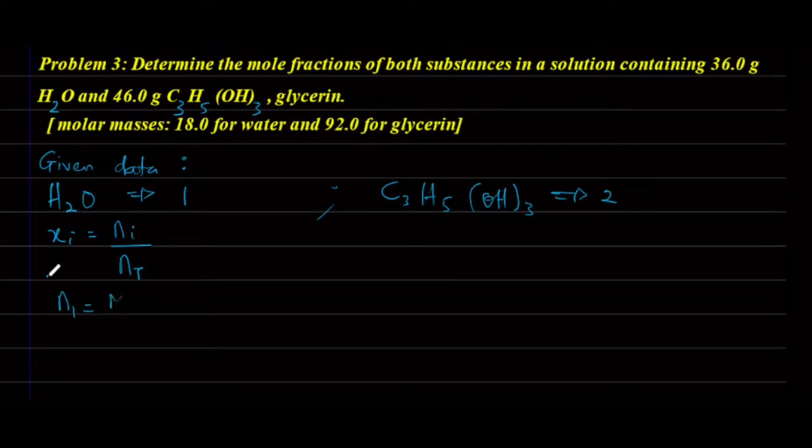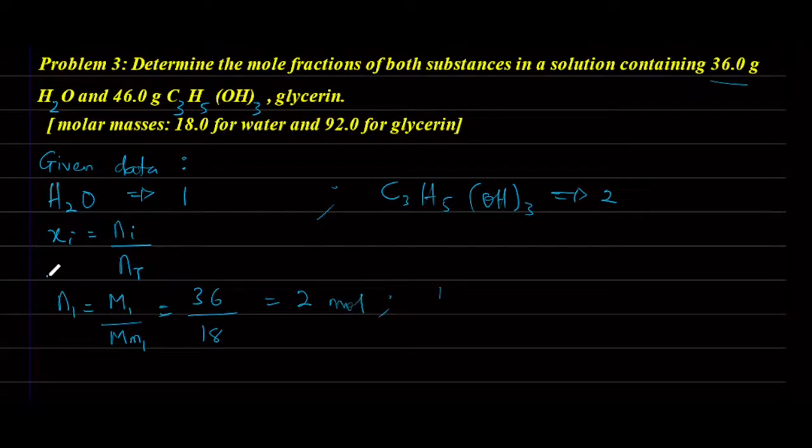So mass of water over molar mass of water. The mass of water is given in the question as 36 gram, while the molar mass of water is 18 grams. So if we solve for it, we are going to have 2 moles of water.